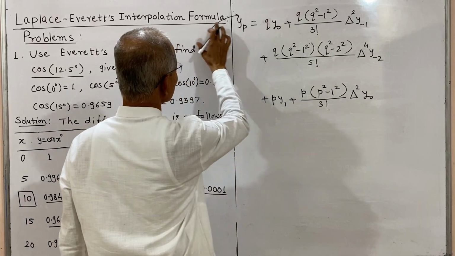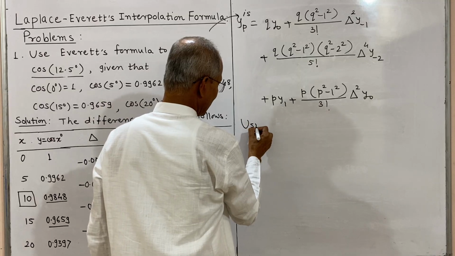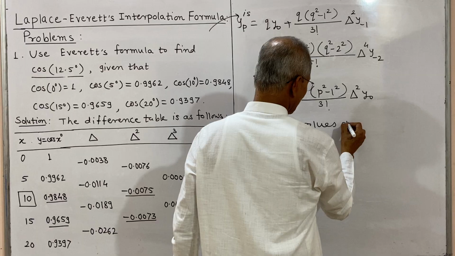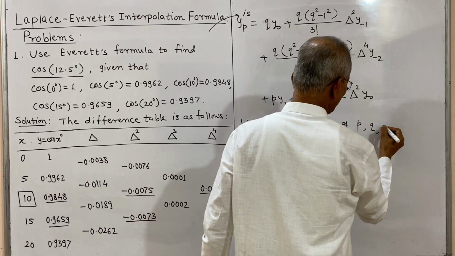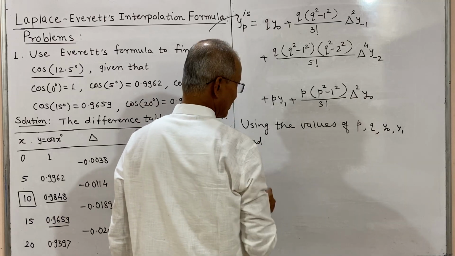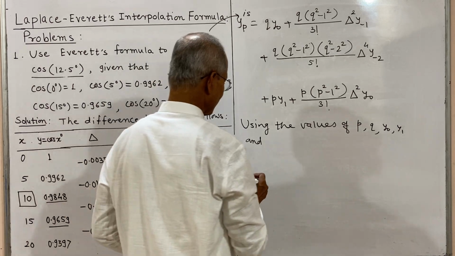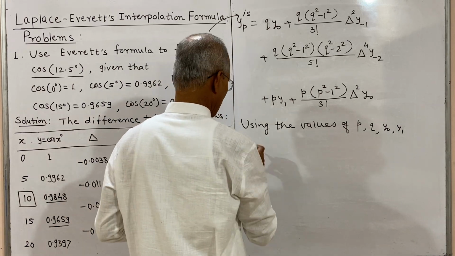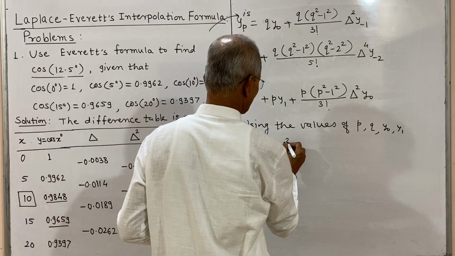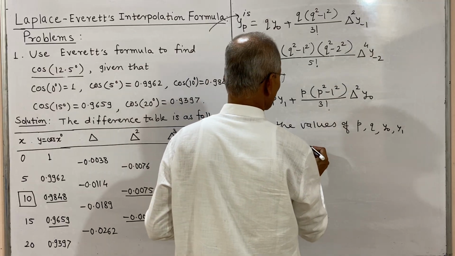So we write the formula, and then put the values, using the values of p, q, y naught, y1, and the differences, or we may also mention delta square differences, delta square y minus 1, delta square y naught, or delta square y etc. from the table.